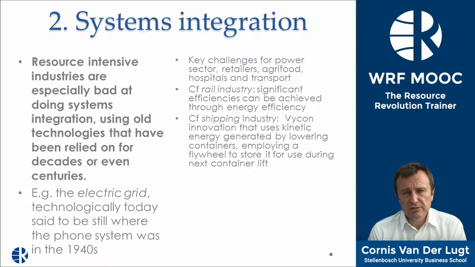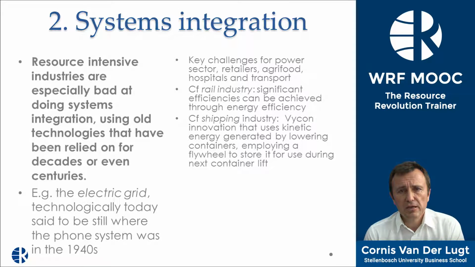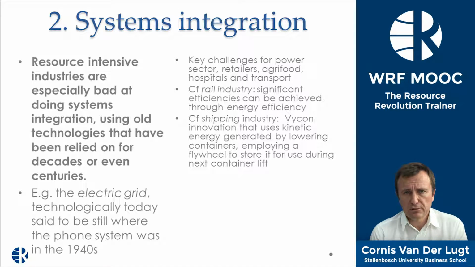In the shipping industry, our slide highlights there the example of the company Vicon, innovations they introduced in that industry, and key here again is not to think of different components of the shipping industry in isolation, but to look at the ship, its routing network, and the harbor as a holistic system.